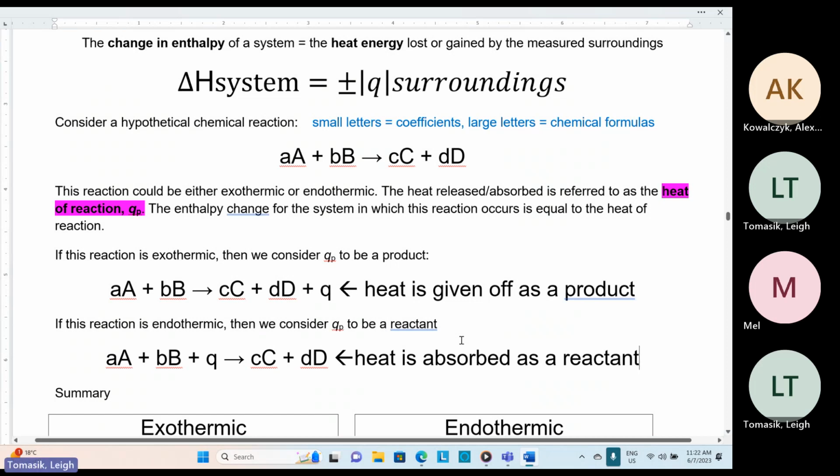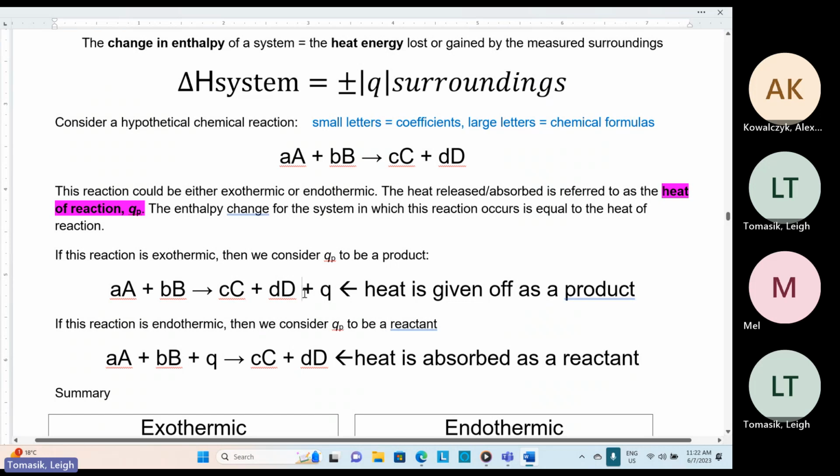If a reaction is endothermic, it requires heat to take place. So heat becomes a reactant, just like we need the starting chemicals to take place. So if the reaction is exothermic, you can list Q as a product. If the reaction is endothermic, you list Q as a reactant.